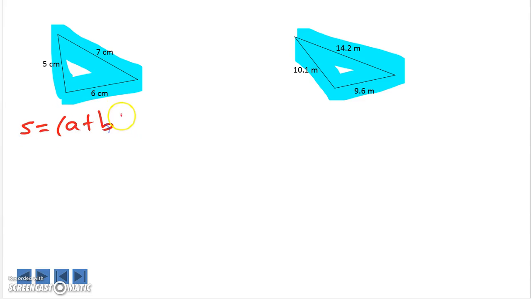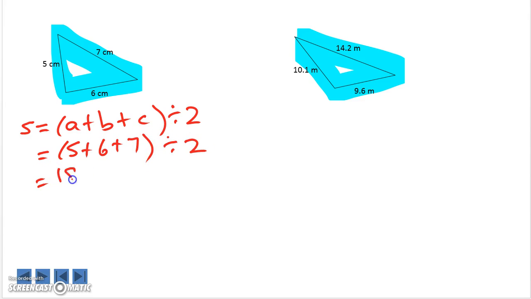So that formula is adding up all sides, and then once we've pressed equals, dividing that by 2. So we've got 5 plus 6 plus 7, and then divide that by 2. So that's 18 divided by 2, and our half perimeter is equal to 9 centimetres.